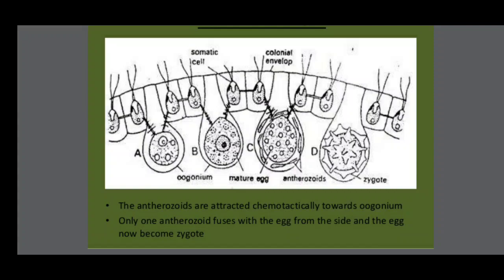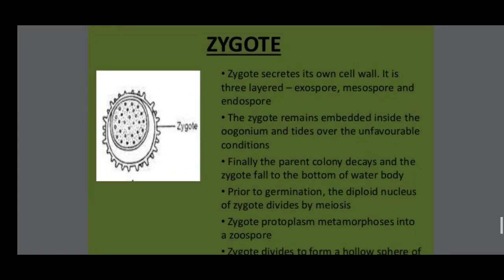Then after some time, antherozoids swim and enter the female gametangium, retract their flagella, fuse with the female gamete and form a zygote. So this is the fertilization process in Volvox. What is the zygote?